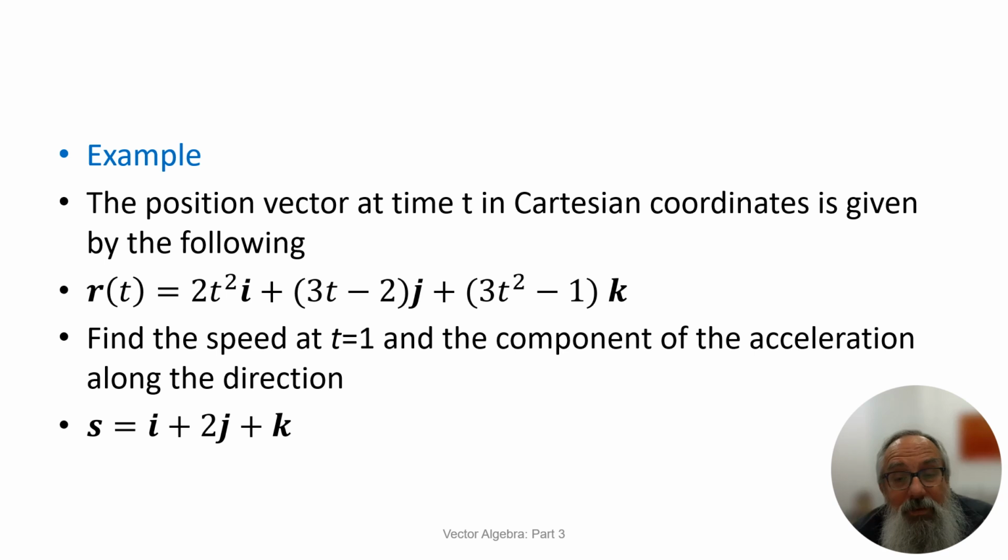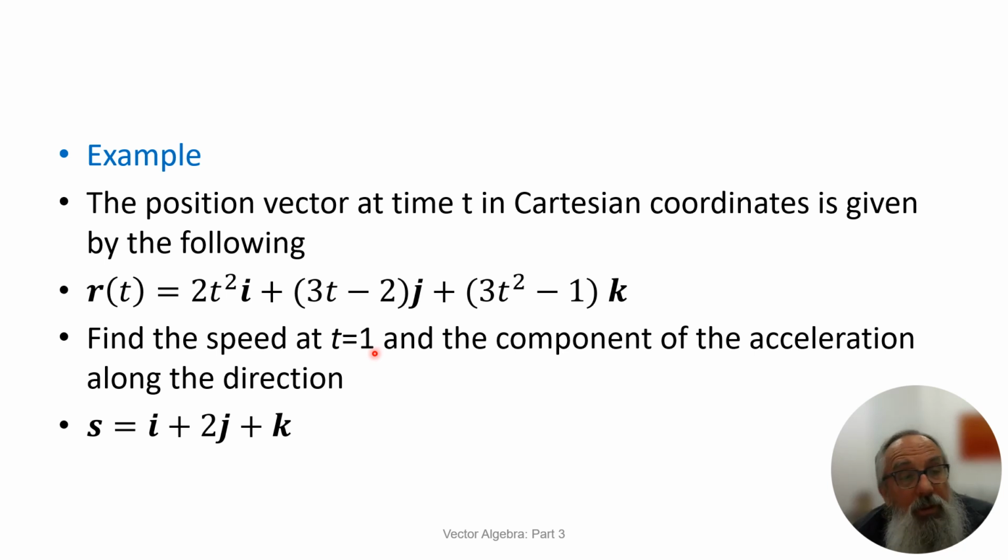Okay, so not too difficult, I think, not too much a step from what you already know of differentiation. Let's have a look at a particular example. It's usually easier to look at things as an example, but really it shows you how we can do differentiation and then apply the vector rules that we've seen previously. So we're going to look at this position vector in terms of t. It's showing the position of a point, how it changes with time. Take t to be time. Find the speed at t equals 1.